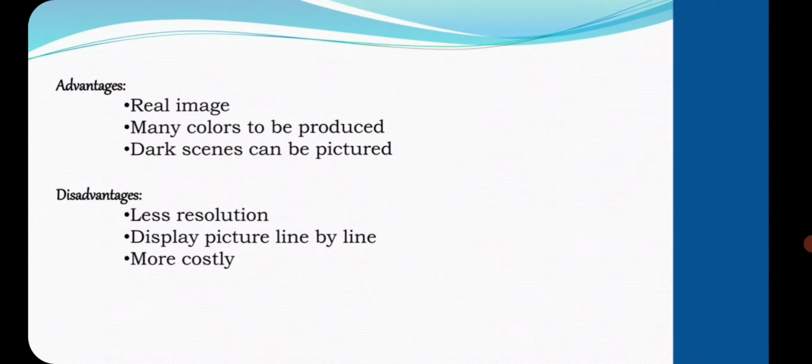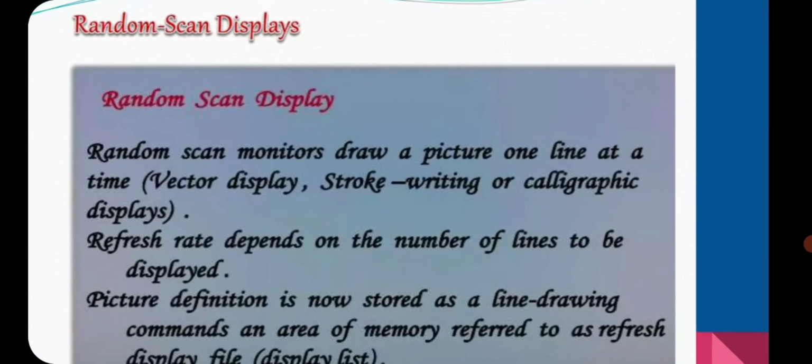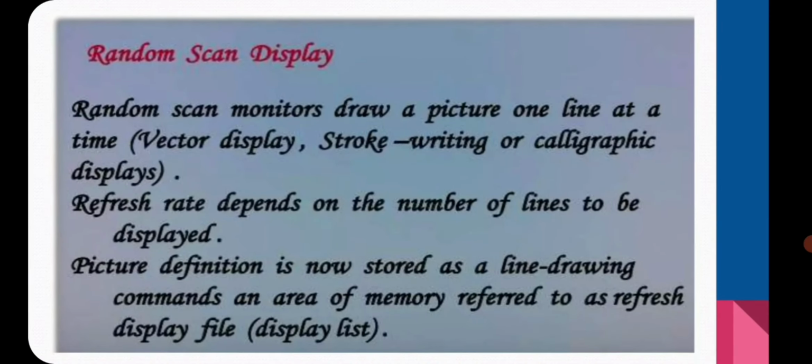And let us see the random scan displays. What is a random scan display? As the name implies, random scan monitors draw a picture one line at a time. It is also called a vector display, stroke writing or calligraphic display. Why is it a vector display? It is drawn one line at a time, like a one-dimensional array.